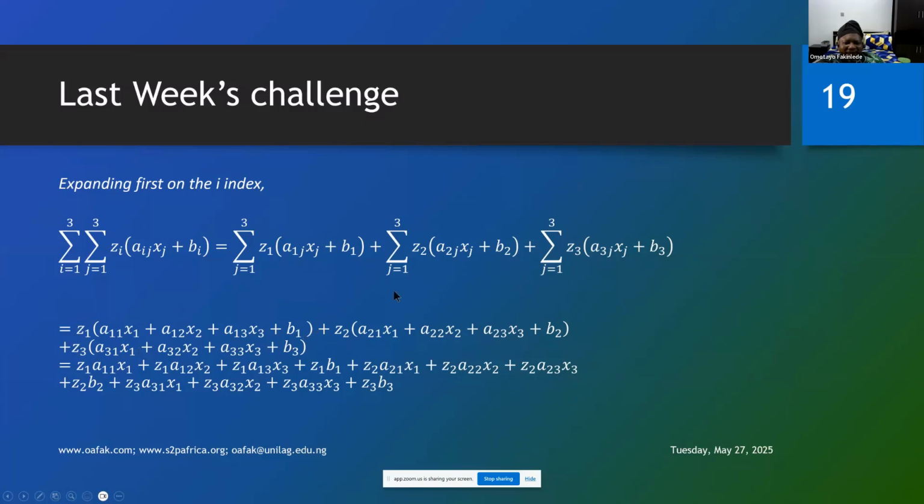Because when I is 1 and you expand this in J, you see Z1, Ai1x1 plus Ai2x2 plus Ai3x3, plus B1, which doesn't change, and so on. And you get explicitly exactly what we had before.